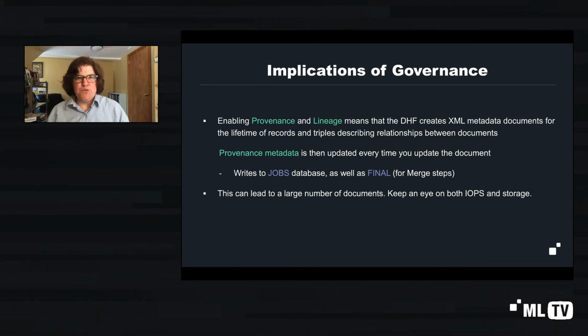So keep an eye both on your available storage space and your IOPS for the jobs database. If you're seeing that doing all these writes to jobs is actually starting to impact your other databases, you might want to consider having the jobs database on a different disk device, or basically managing your storage based on that.